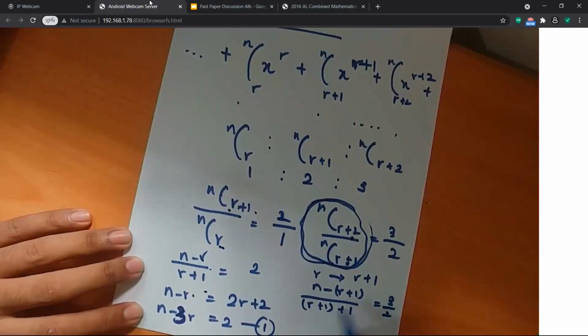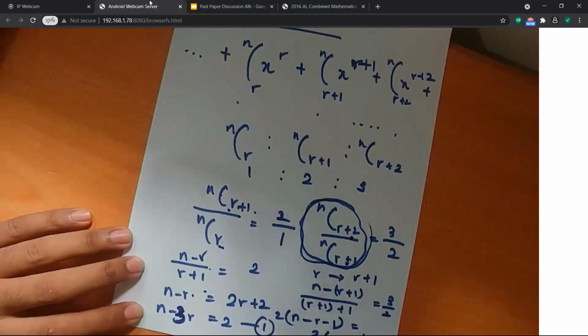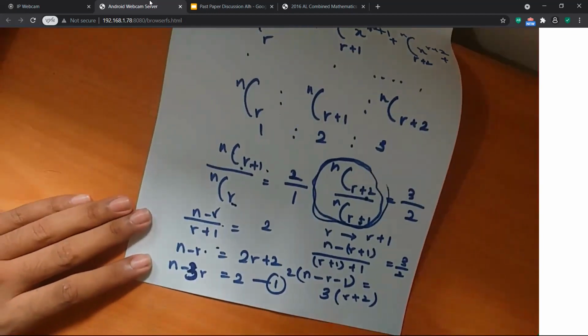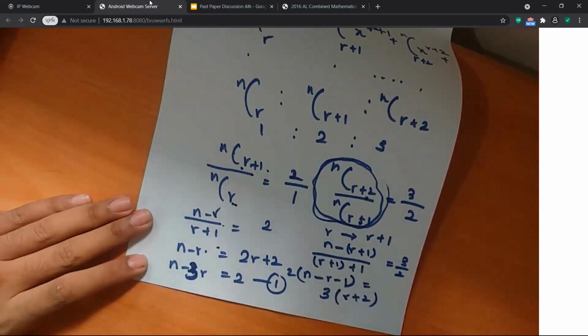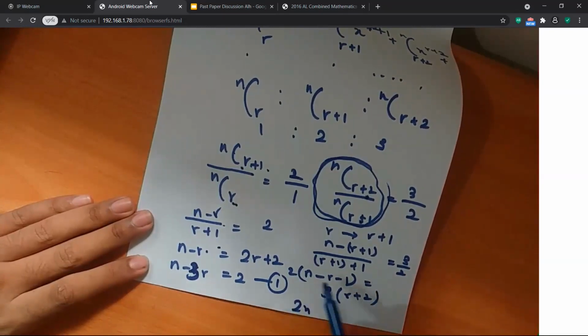To simplify this, you get n minus r minus 1 times 2 is equal to 3 times r plus 2. If you simplify this, we get 2n minus 2r minus 2 equals 3r plus 6.